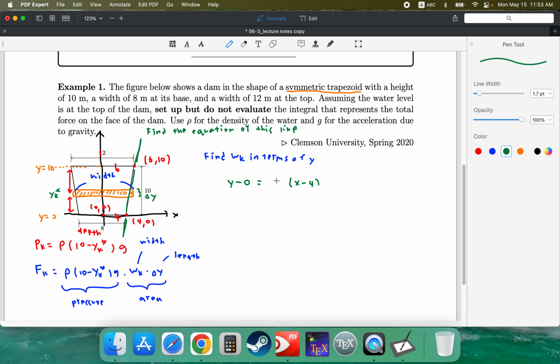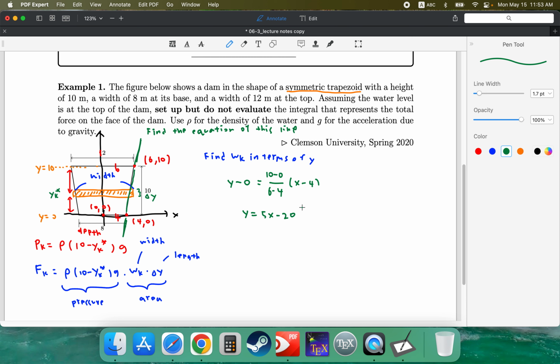And the slope is defined to be rise over run, right? So 10 minus 0 over 6 minus 4. Let's simplify this. 6 minus 4 is 2, 10 minus 0 is 10, 10 over 2 is 5, so I have 5x minus 20. So this equation is y equals 5x minus 20.